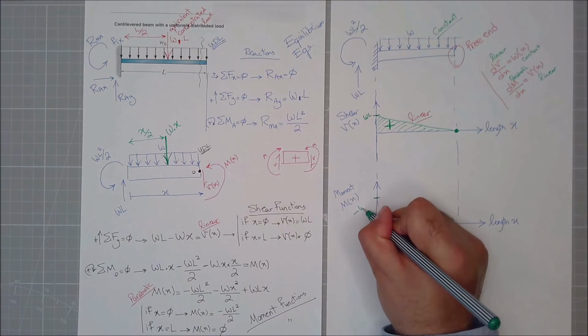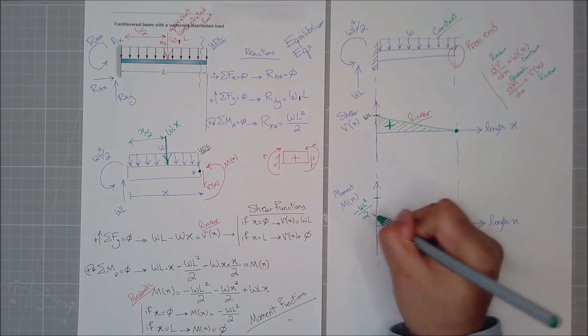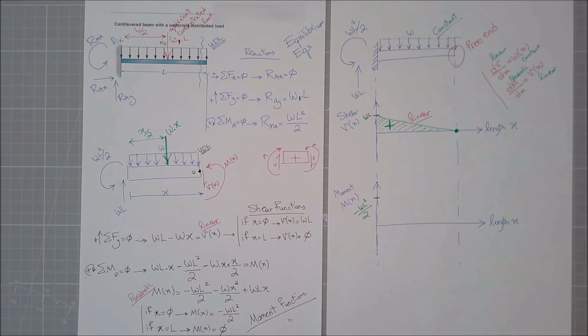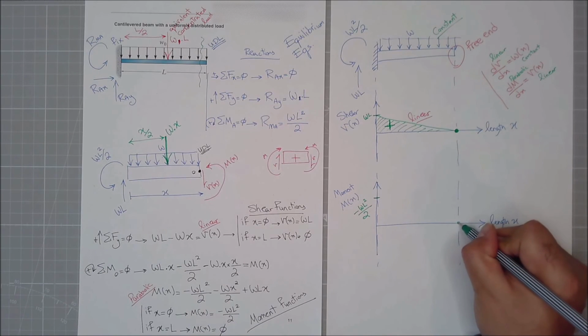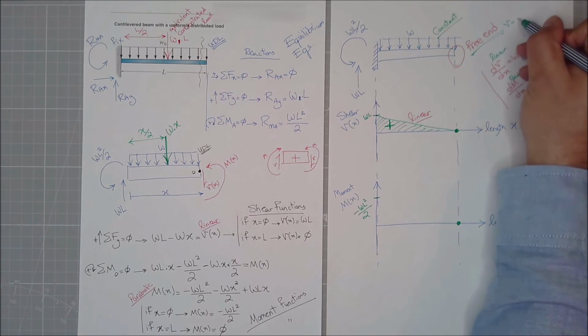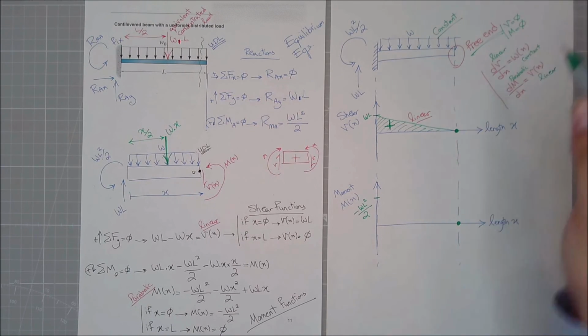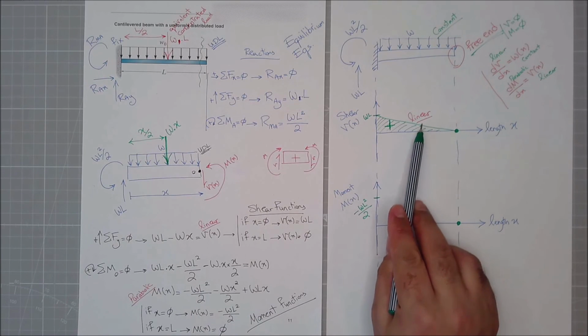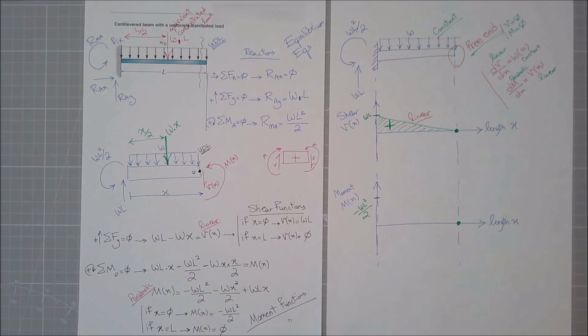And my moment at the end point is 0. Again, we discussed at free end, shear is equal to 0 and moment is equal to 0. These are also discussed in the lecture notes, page 7 and page 8 of this lecture, so read them very carefully. If that's linear, this will be parabolic.